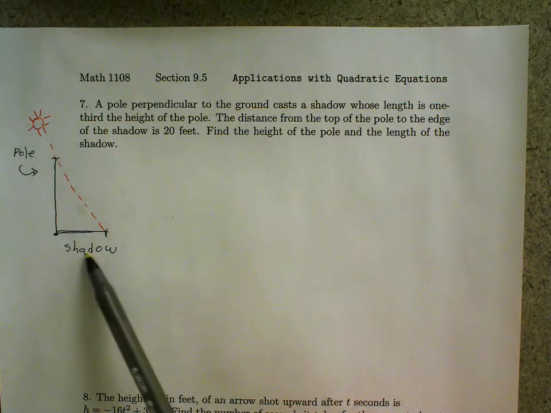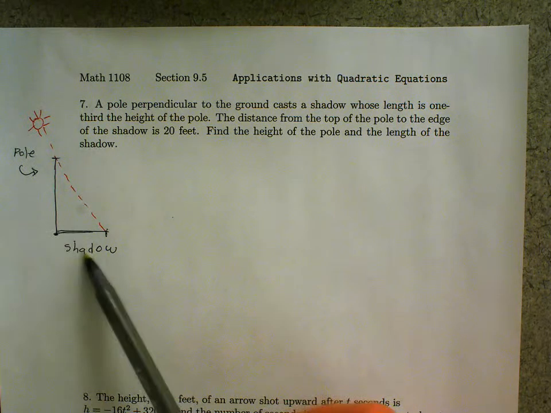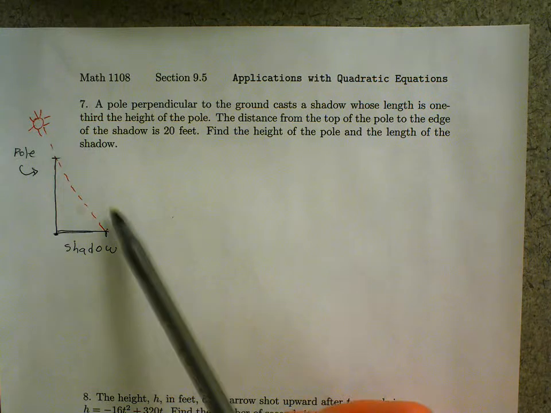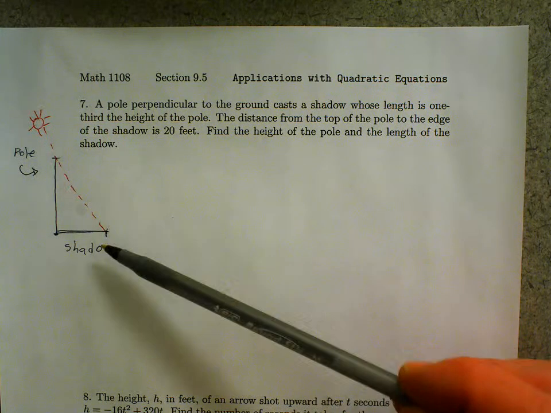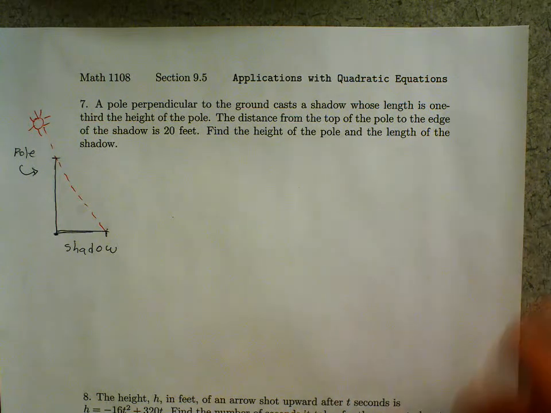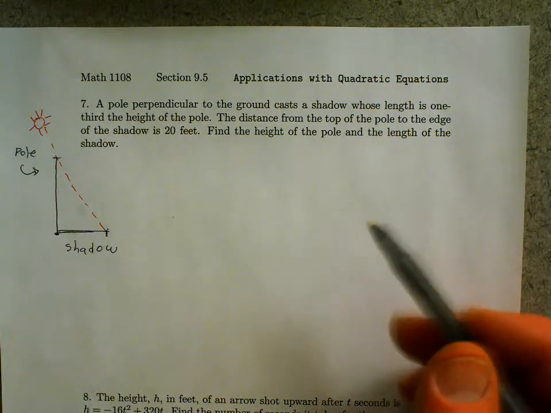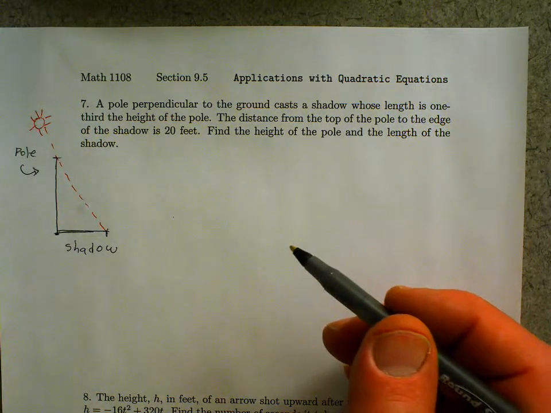And we're told that the shadow is 1/3 the height of the pole. And the distance from the top of the pole to the edge of the shadow is 20 feet. So what do we have here?